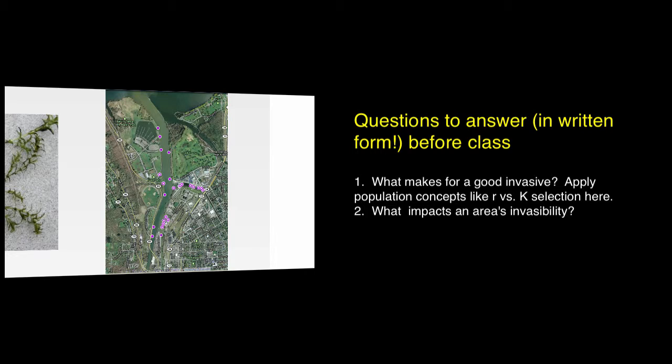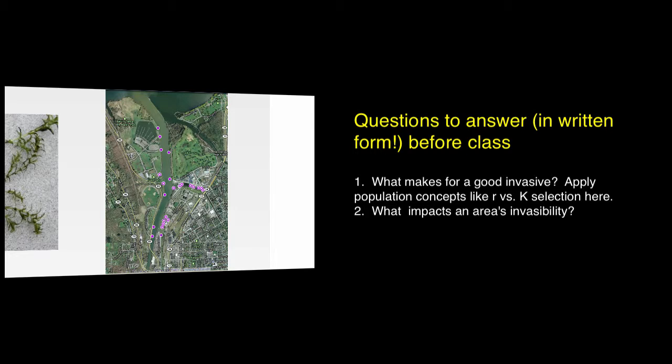So what I would like you to do prior to class, and I want you to come in with something written on this, I'm going to give you credit for this if you do it, is come up with a list of characteristics that you think would make a good invasive species.